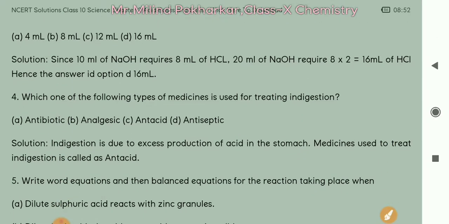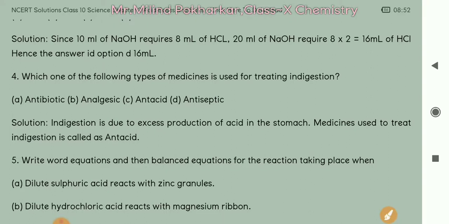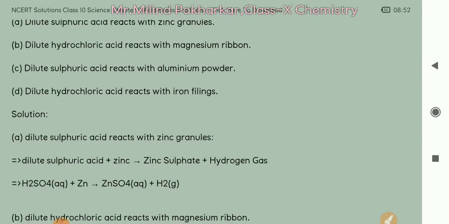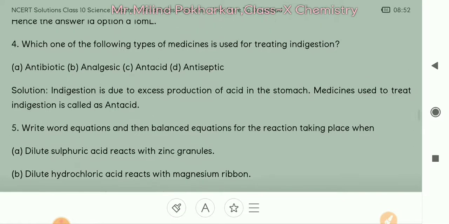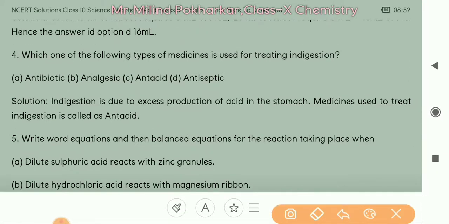Next question: which one of the following types of medicines is used for treatment of indigestion? Indigestion means acidity. We have antibiotics, analgesics, antacids, and antiseptics.